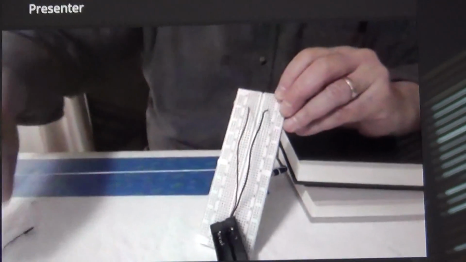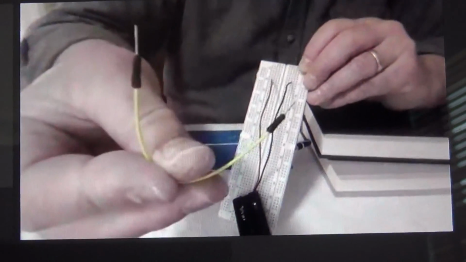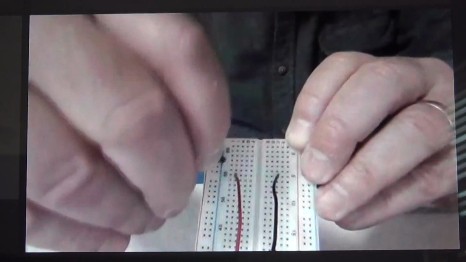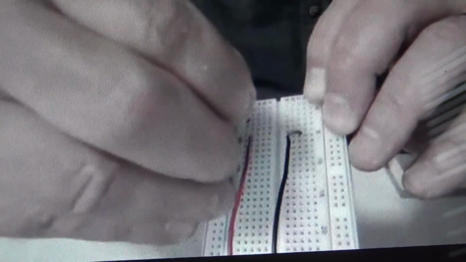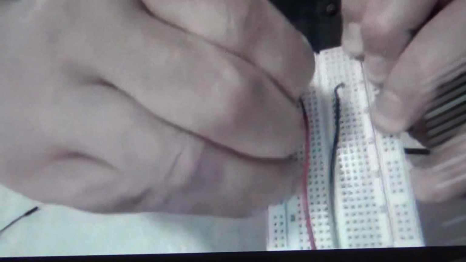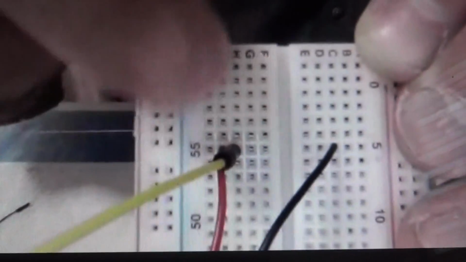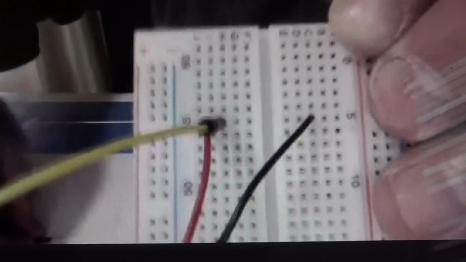Then you take a jumper wire, and let's say for the red wire, in the same row, I'm going to put one of the jumper wires. So I've got a jumper wire and the red wire.